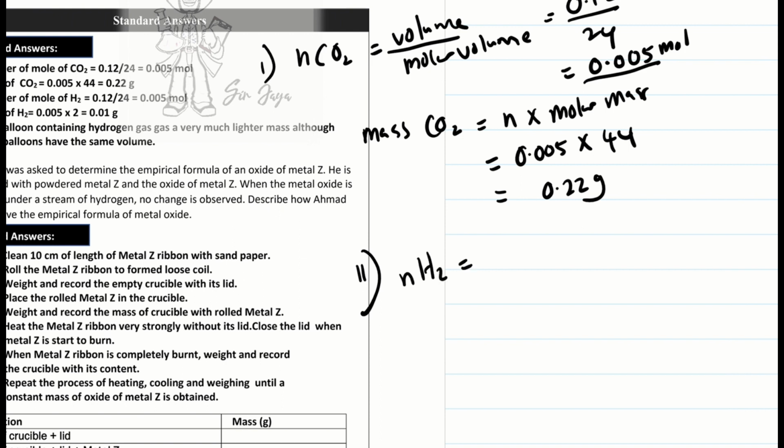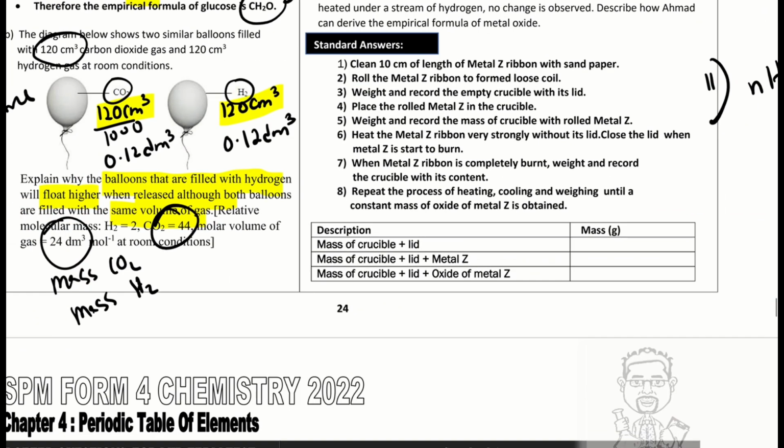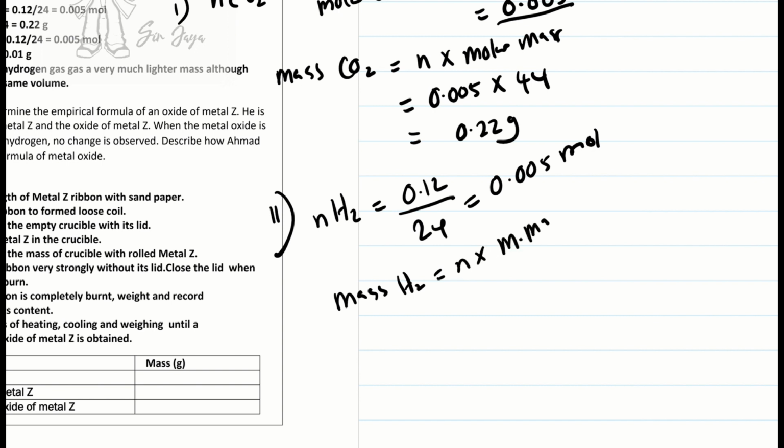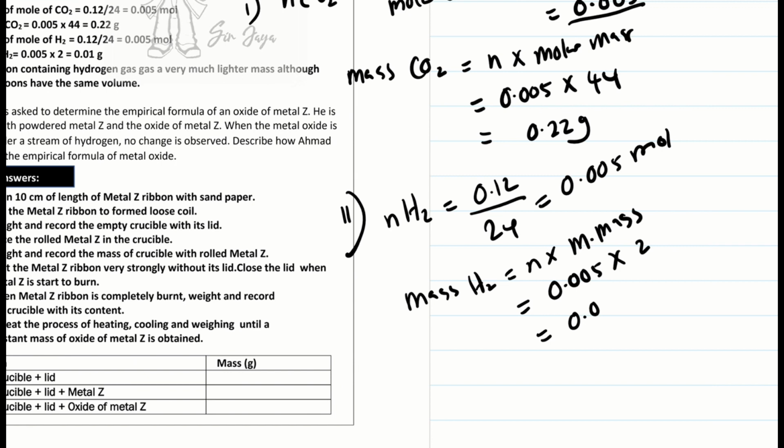For the number of moles of hydrogen, we take the volume 0.12 divided by the molar volume, 24, so that will be 0.005 mole. And we find the mass of hydrogen gas: number of moles times molar mass. So 0.005 times the molar mass, which is 2, so the answer will be 0.01 gram.